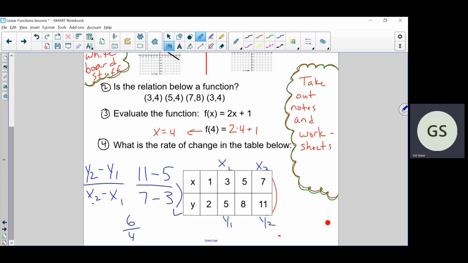I got into a debate with one kid who kept doing the same thing. Finally I talked to him and he said, but if x's are on top then. So Mr. Gill, will we ever see a graph where it has a y over x? So, you mean like for the rate of change, like a formula?